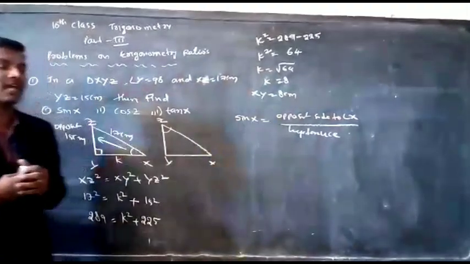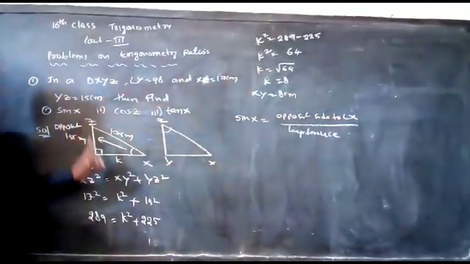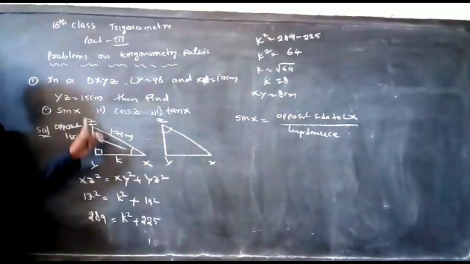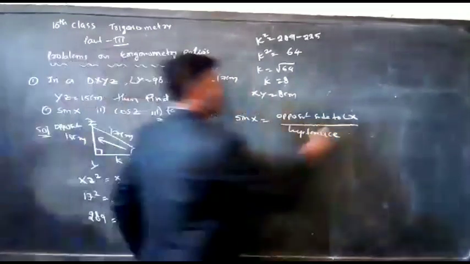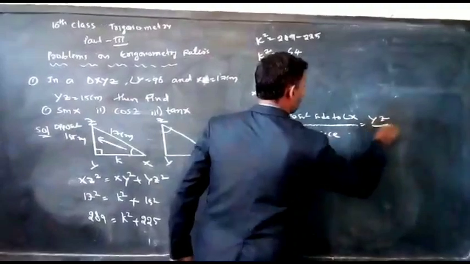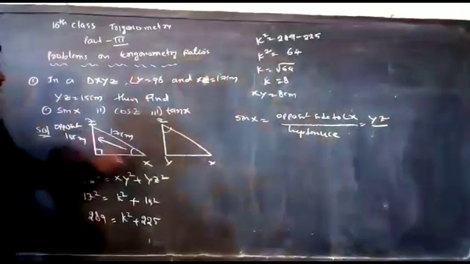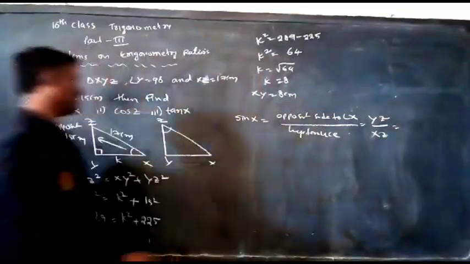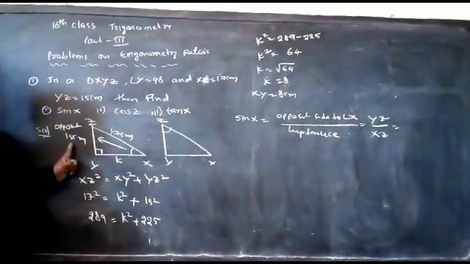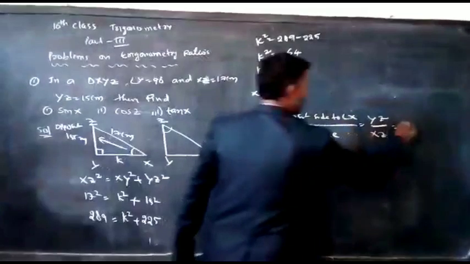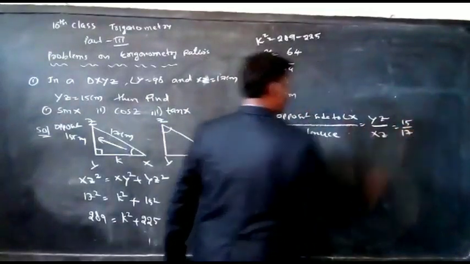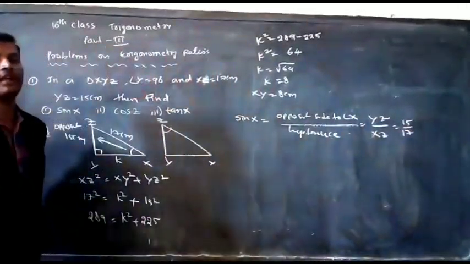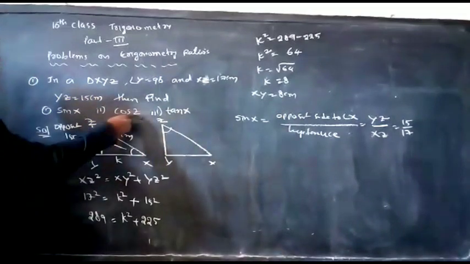What is the opposite side to angle X? In triangle XYZ, opposite to angle X is YZ. What about the hypotenuse? ZX or XZ. The length of YZ is 15 and the length of XZ is 17. So what is the value of sin X now? 15 by 17.